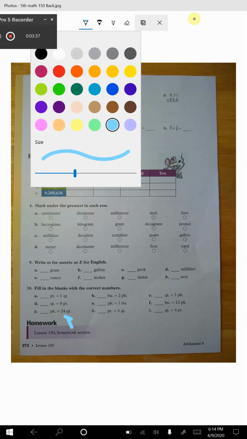All right. 9,209,000 and 600, because that 2 won't change it. Now we're going to go to the 2, and the 8 will change the 2 to a 3, right? So you have 9,209,630.